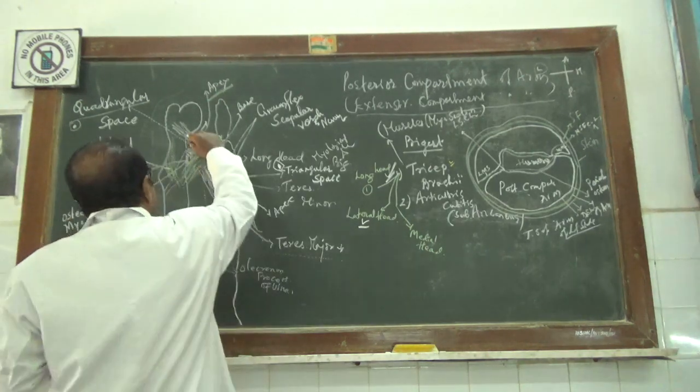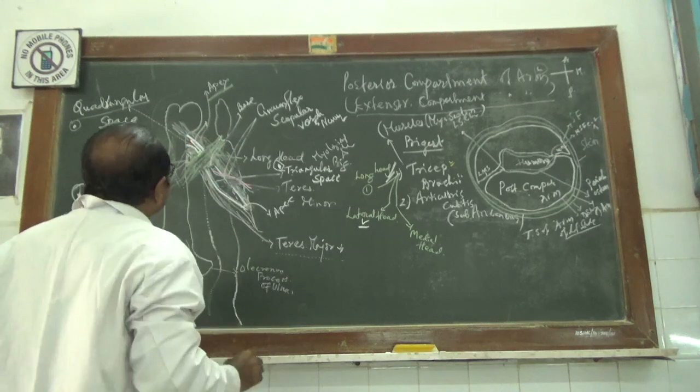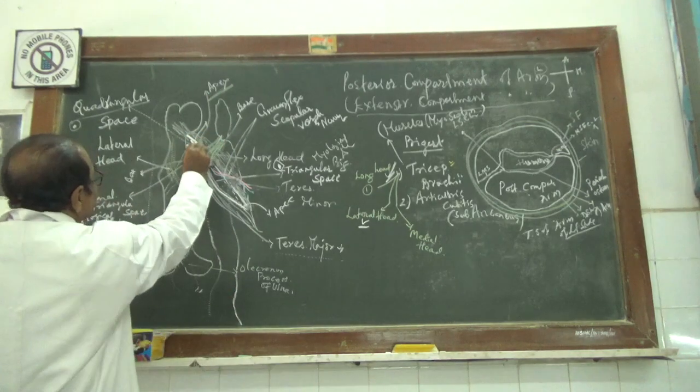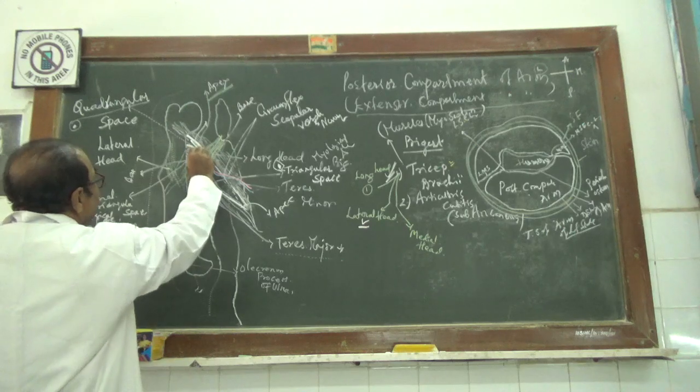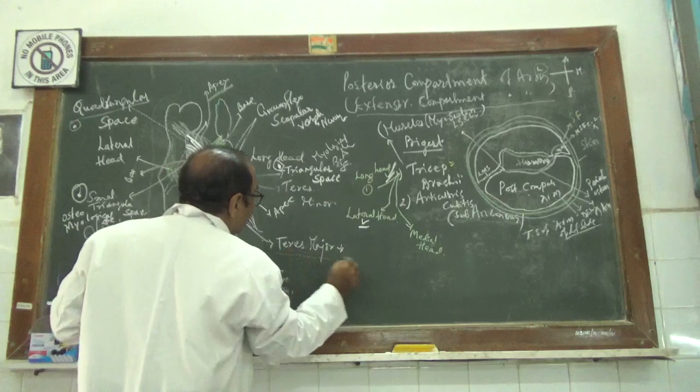Then the lower lateral boundary is formed by the upper medial fibers of teres major.